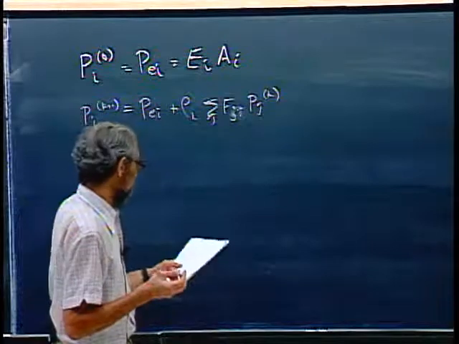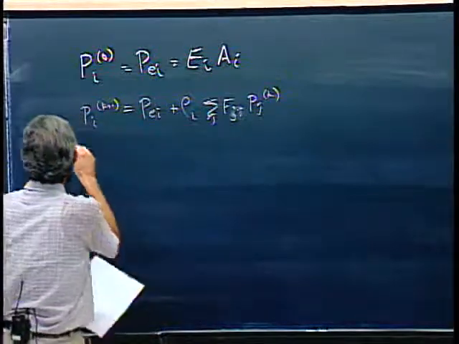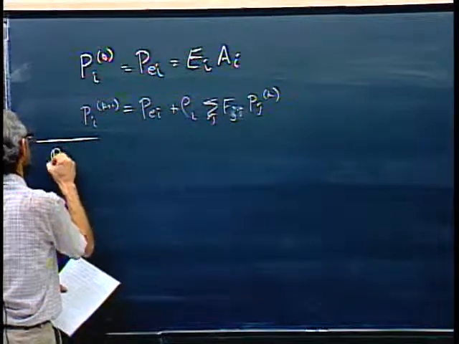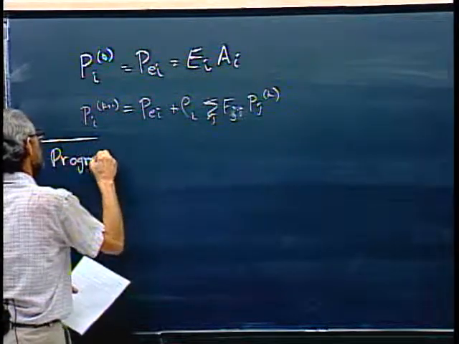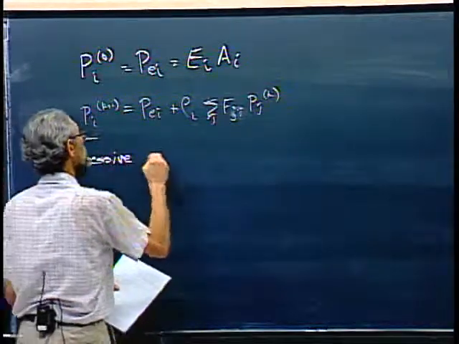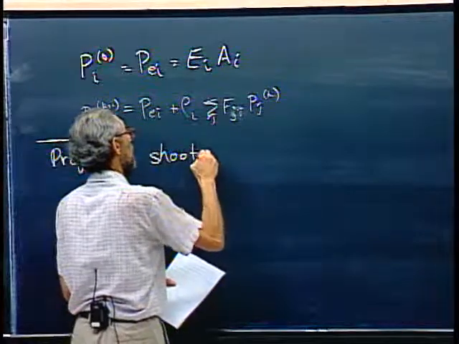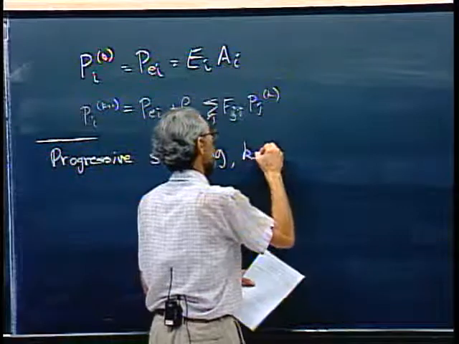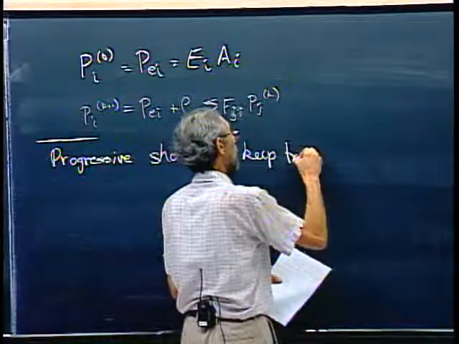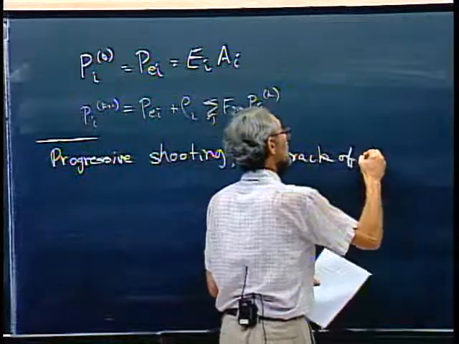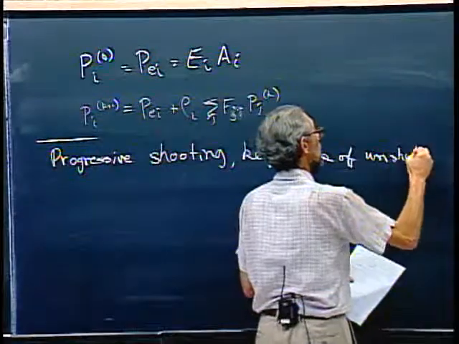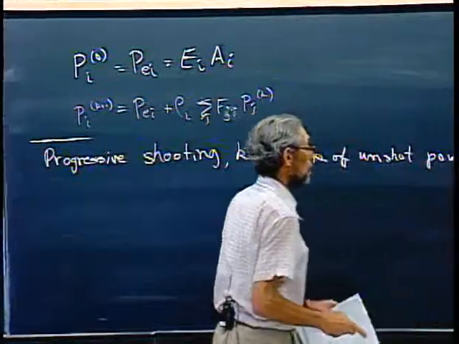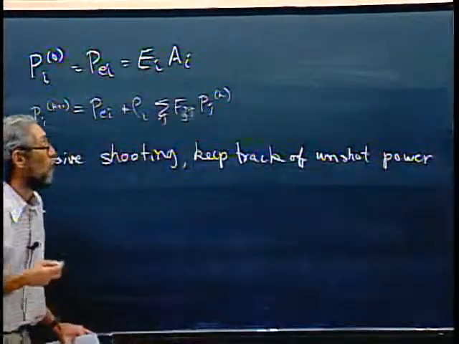So in order to do that, we have to keep track of, so this is the progressive shooting. We're going to keep track of unshot power separately from the power that we've accumulated.